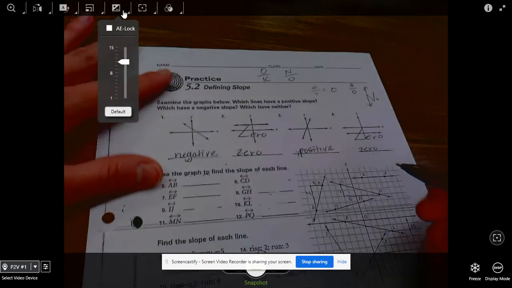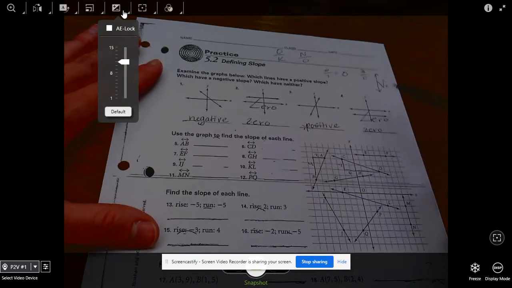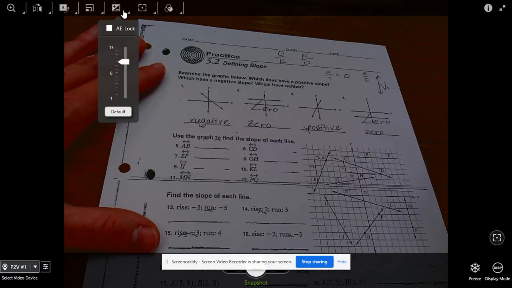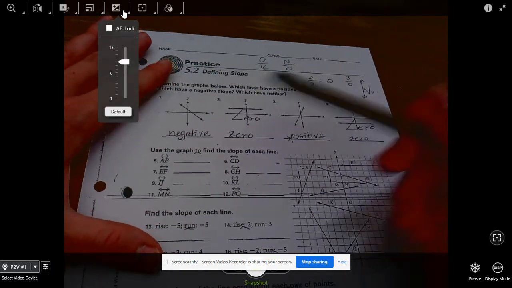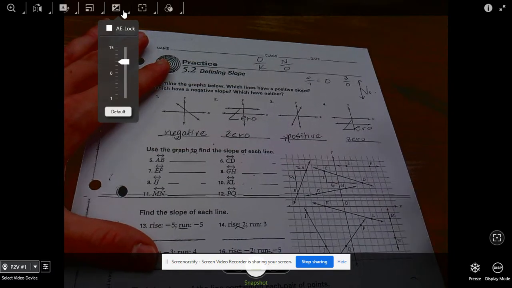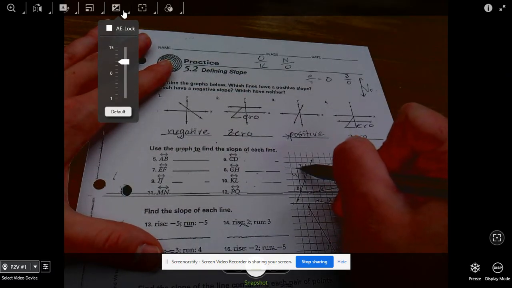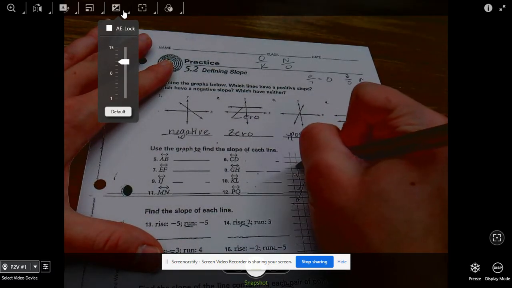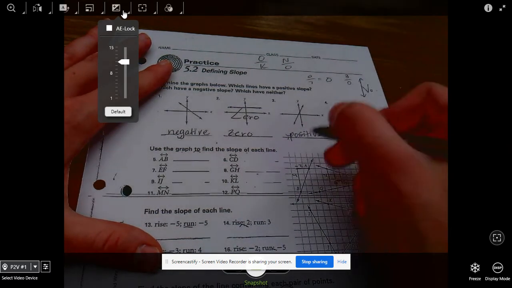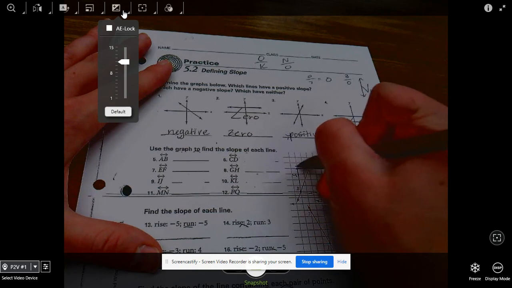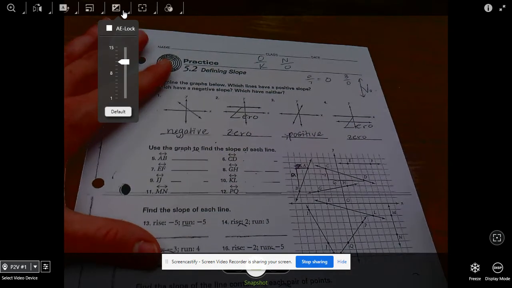Okay? All right, it says use the graph to find the slope of each line. So go ahead, pause the video, or I'll show you number 5, and then you pause the video. So AB, so let's go over to AB. Here, we went to the left 2, so it's going to be negative. Okay, well, it depends on where you start, so let's ignore that.